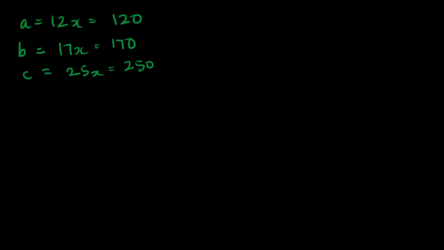Now let us find out the area of the triangle using Heron's formula. For that, you need to find the semi-perimeter. Semi-perimeter is a plus b plus c divided by 2. Already in the question, they have given the perimeter as 540. We'll divide this by 2. You will get 270 as your semi-perimeter, which is s, right?